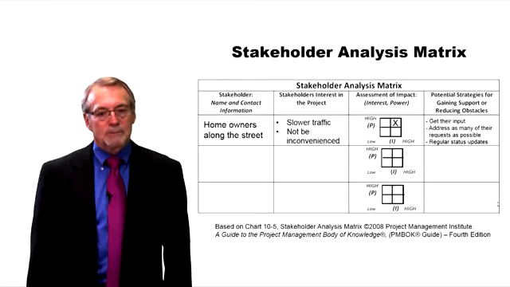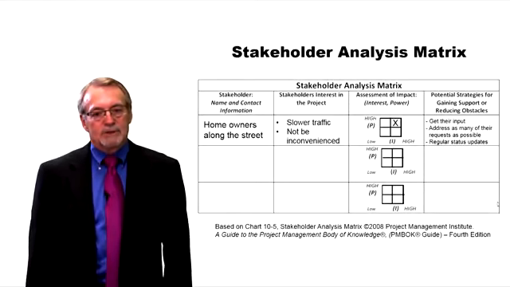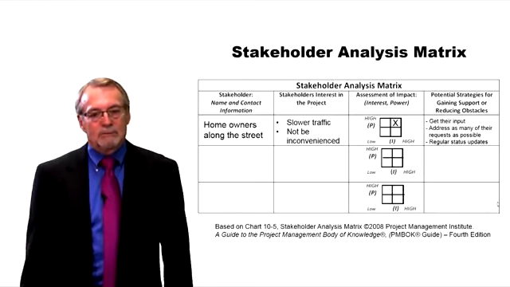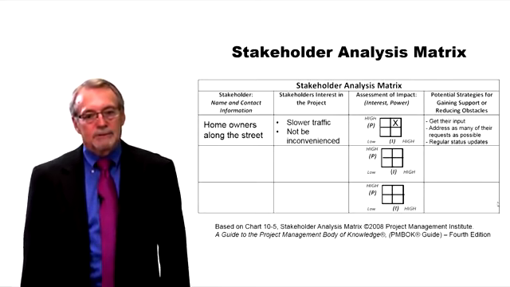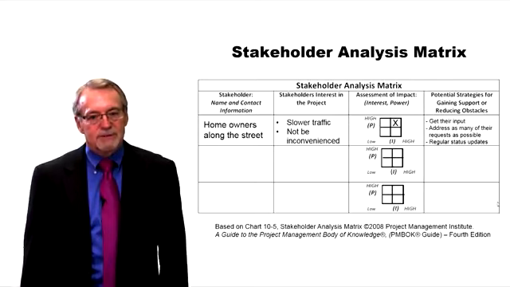How are we going to work with these people? There's a number of things that we can do with these people. One of them, we can just involve them, get their input all along the way. Another thing we can do, address any kind of concerns they have at all. We're going to give them regular status reports along the way.